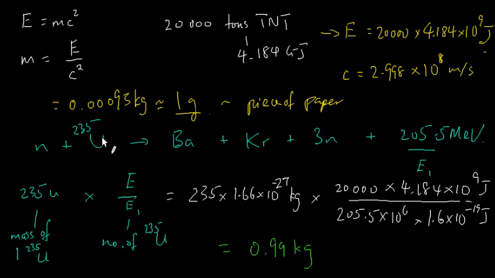So this is the actual amount of uranium that has to be fissioned in order to produce this 20,000 ton TNT explosion. Alright, just about 1 kilogram of uranium 235.